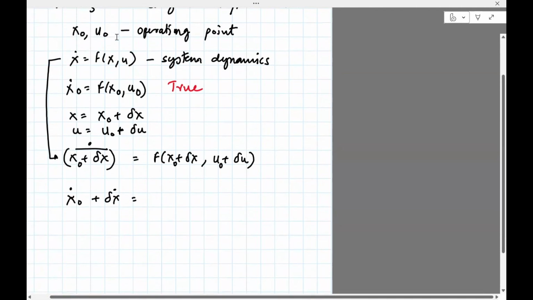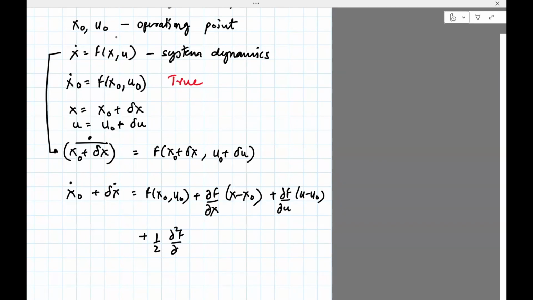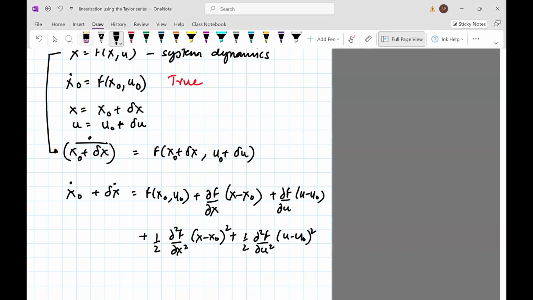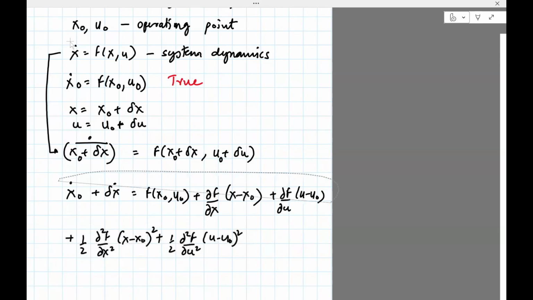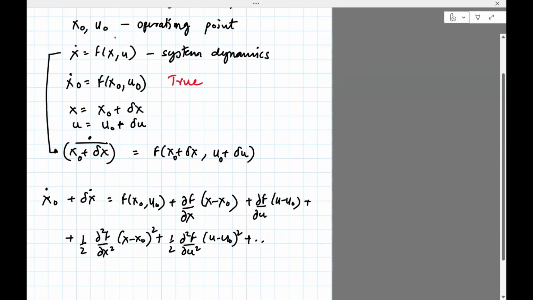So this is where we'll use the Taylor series. You write f of x0, u0 plus the partial derivative df dx times x minus x0, plus df du times u minus u0, plus, if you want, we can go further: one half d squared f dx squared times x minus x0 squared, plus one half d squared f du squared times u minus u0 squared, and there's another term, the cross coupling dx du, but essentially a lot of terms.